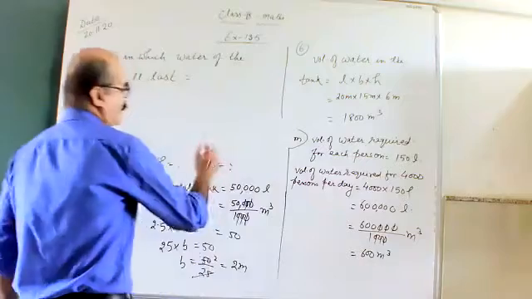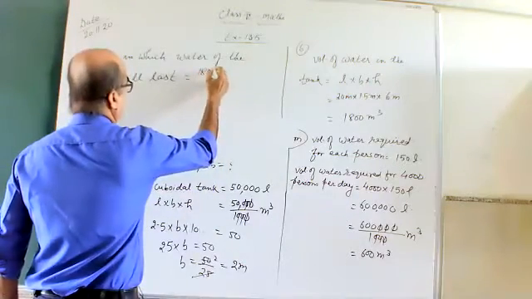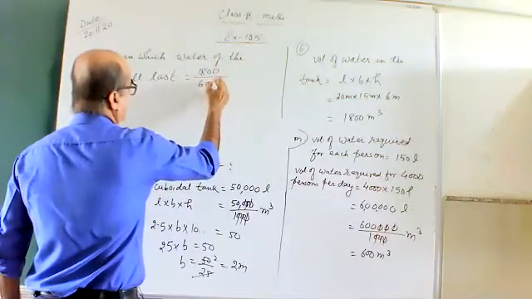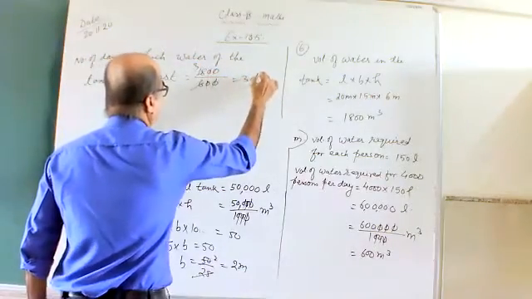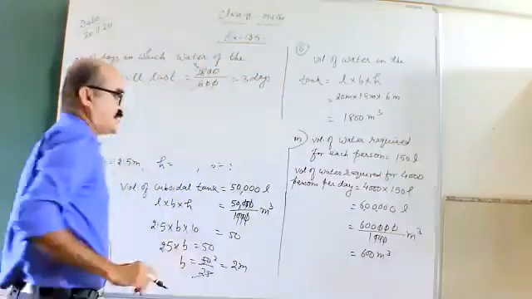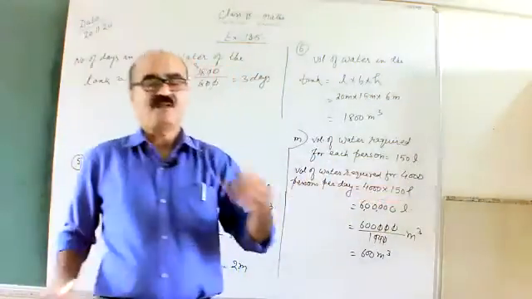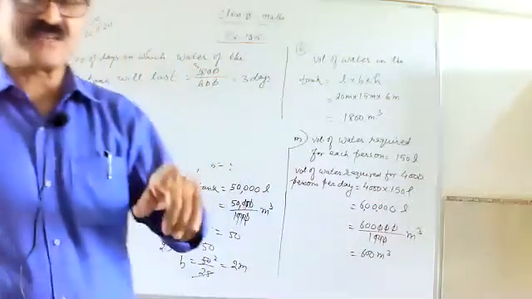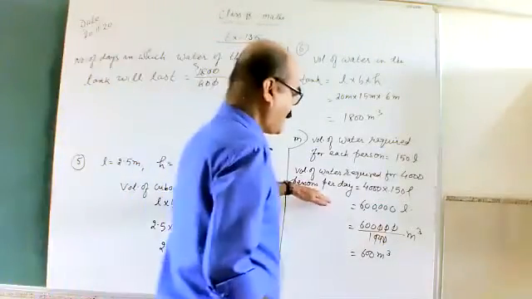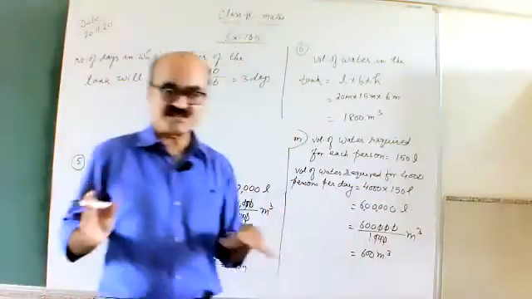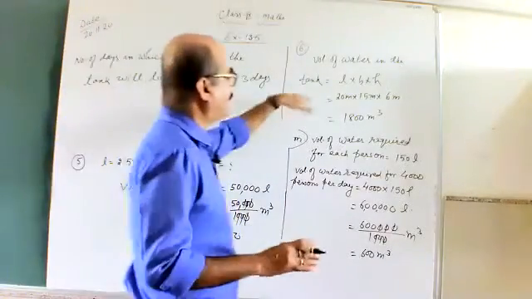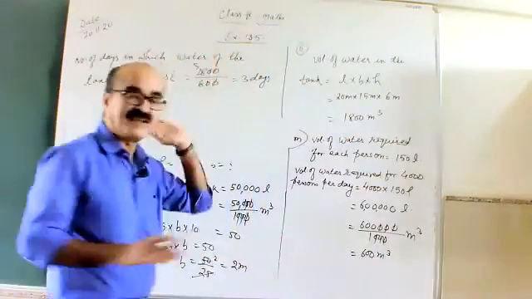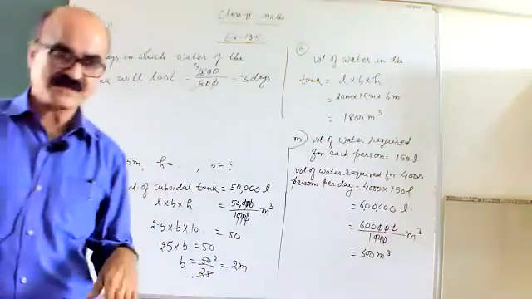Number of days will be equal to 1800 divided by 600, so 0 cancels, 6 threes are 18, that will be 3 days. ठीक है, तो यदि 150 लीटर पानी एक आदमी यूज करता है डेली और 4000 की पॉपुलेशन है, so ये जो अवेलेबिलिटी ऑफ वाटर इन द टैंक है, that will last in 3 days. Is it clear?